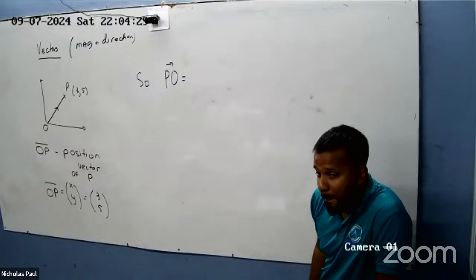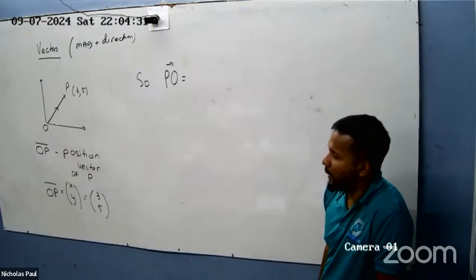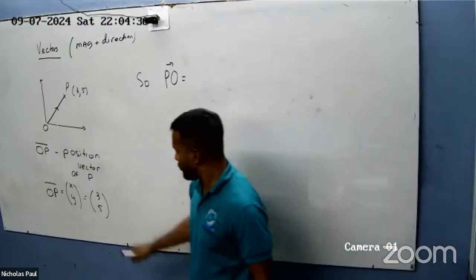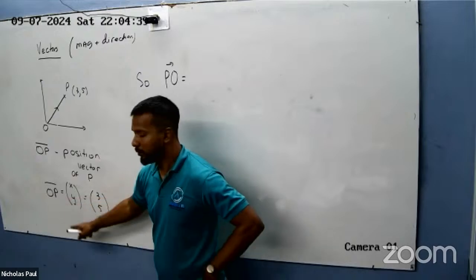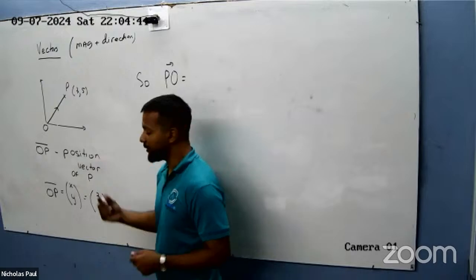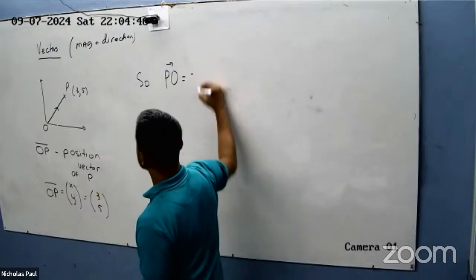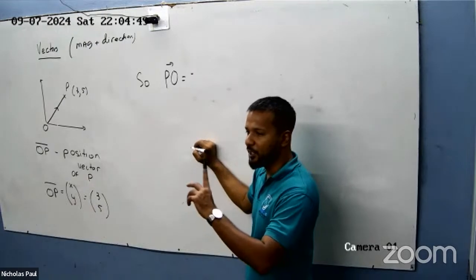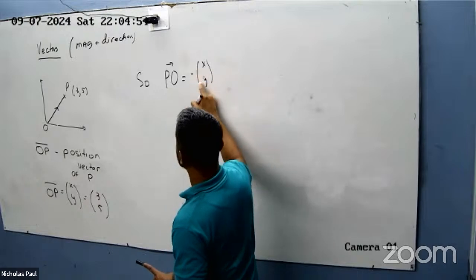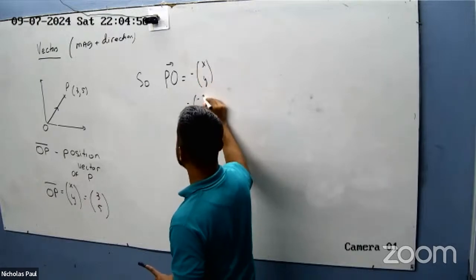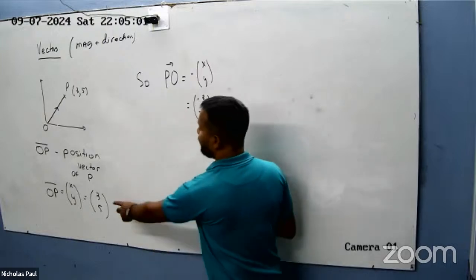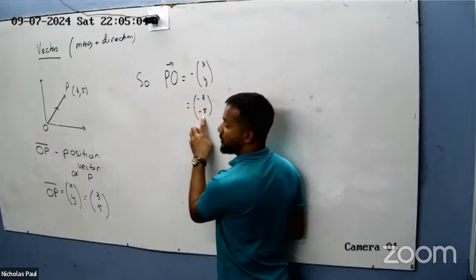Close. A negative sign tells you you're going the other way around. So by putting a negative sign on x and y, I get (-3, -5). So OP is (3, 5) and PO is (-3, -5).